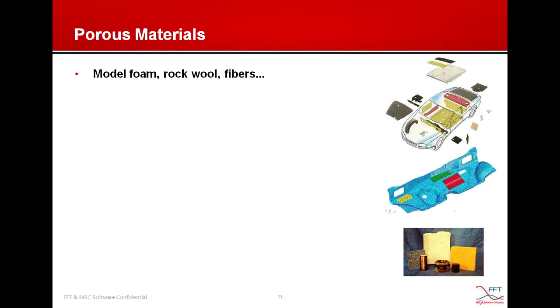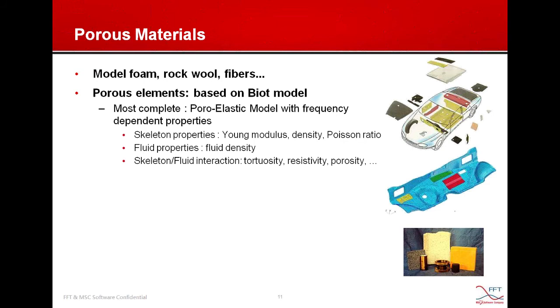Now on porous materials. Porous material is a very important and key feature in Actran. By porous material, we mean materials such as foam, rock wool, or fibers. Theoretically, porous materials are based on the Biot theory or the Biot model, and the most complete model is the so-called porous elastic model.